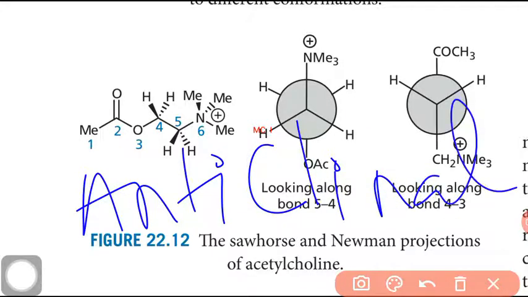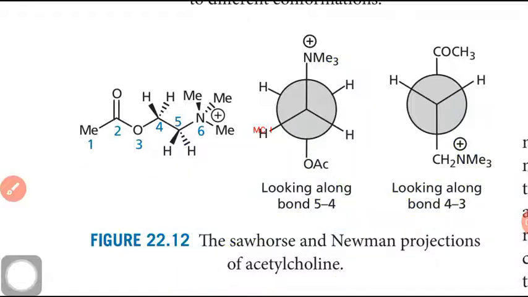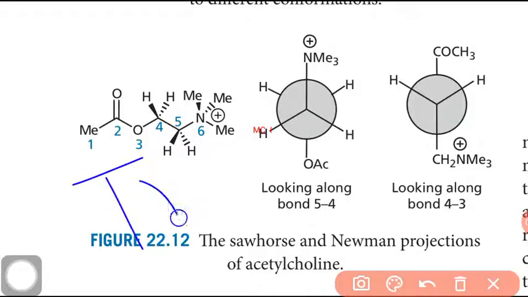Anticlinal position, because both the groups are opposite to each other, and it is far away from the interaction. So, it is anticlinal position, and this is actually a trans compound.